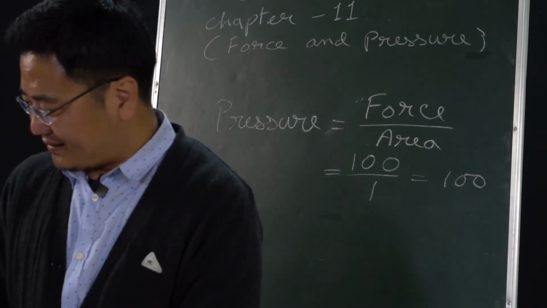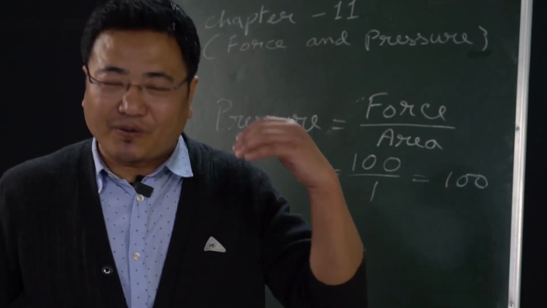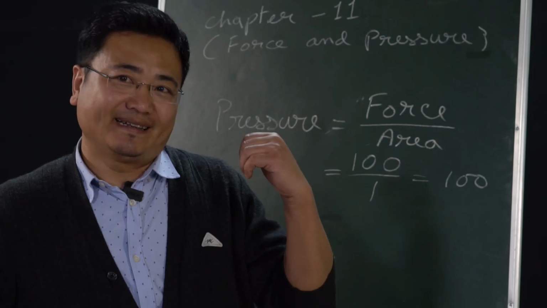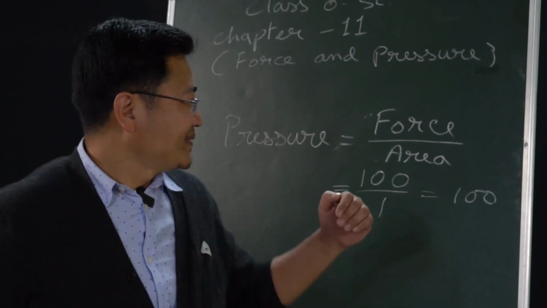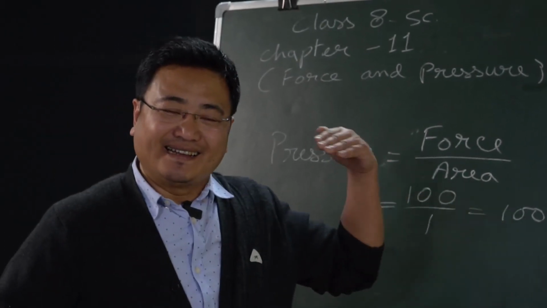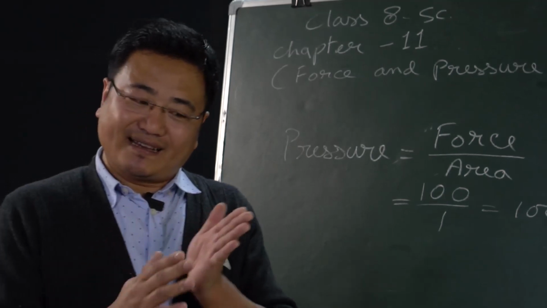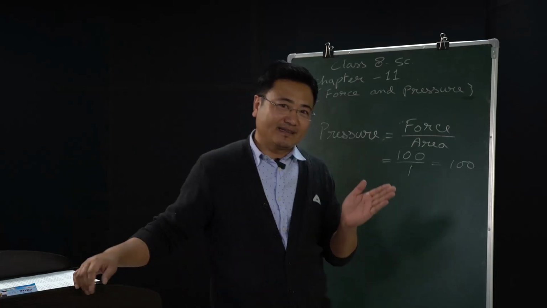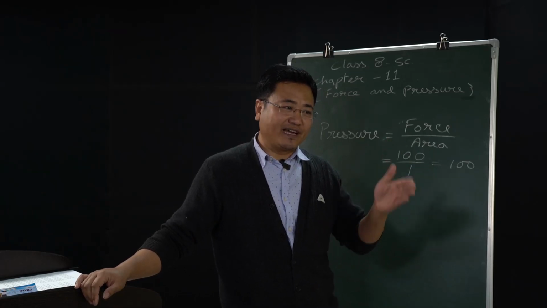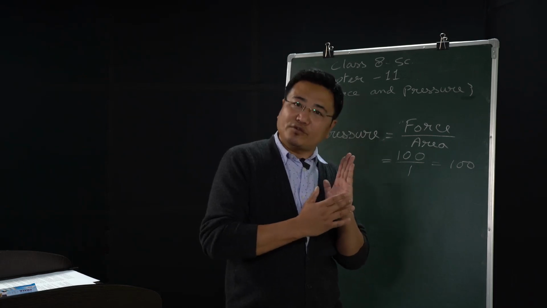So here, I'd like you to recall why we are able to cut objects with a knife. Okay, it's because of this thing. We are able to cut with a knife because the area at the edge of the knife is less. If your knife is blunt, that means the edge has more area.